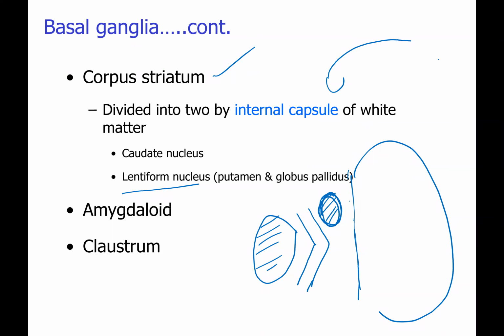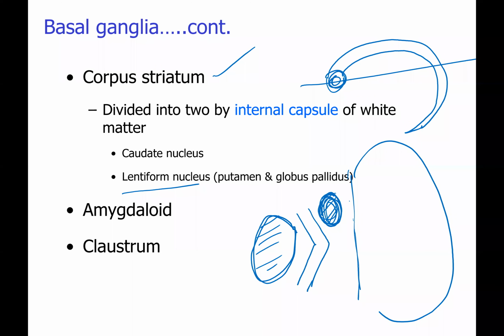The caudate nucleus is something like this. It's like a C. So only this part we are referring to here, the head of the caudate in a horizontal section. This head of the caudate nucleus and this whole lentiform nucleus on either side of the internal capsule are together called corpus striatum. That's why the text says the corpus striatum is divided into two by the internal capsule.